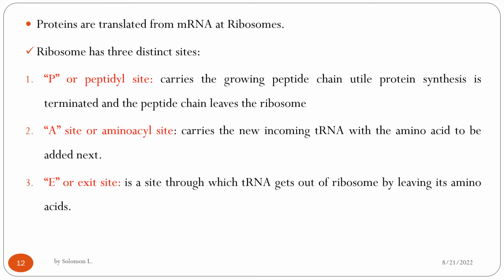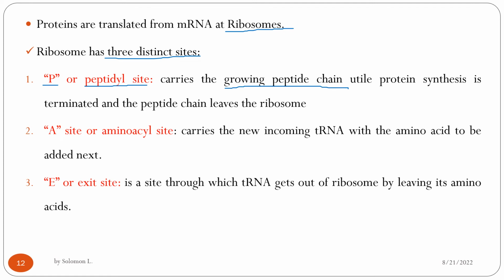Already we know that translation of protein from messenger RNA is carried out on ribosomes, and each ribosome has 3 distinct sites. The first site is the P site, or peptidyl site, which carries the growing peptide chain until protein synthesis is terminated and the peptide chain leaves the ribosome.